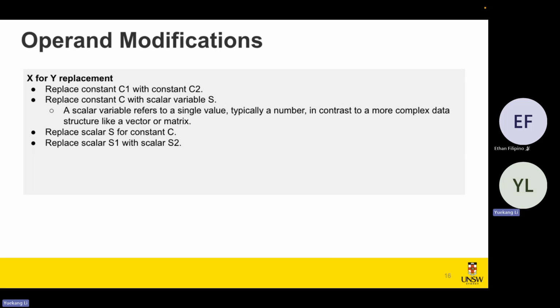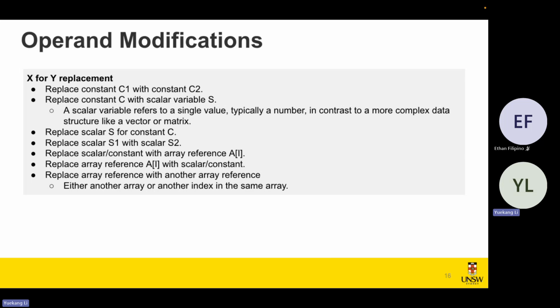And then we can also do the reverse: we can replace a scalar with another one, and we can do all the operand-level mutations. You don't have to remember all these. These are just some examples of typical mutation operators that we can use. An example is here.